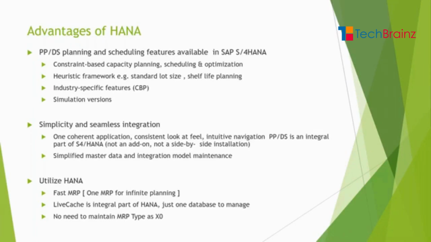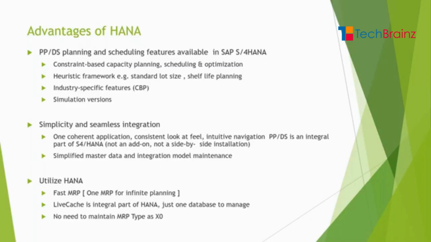If something changes, you have to ensure that all your integration models are updated accordingly. But with S4 HANA and PPDS, there's a single system, and PPDS is part of S4 HANA. Then there is simplified master data and transaction data integration, so no complex integration model needs to be maintained. It's just a one-time setting, and it's plug and play. You can make changes anytime you want.